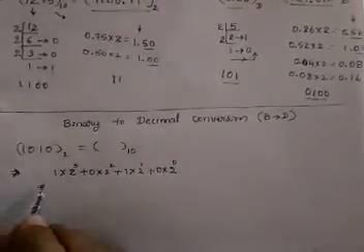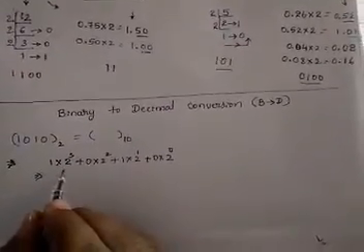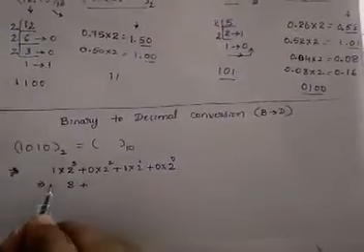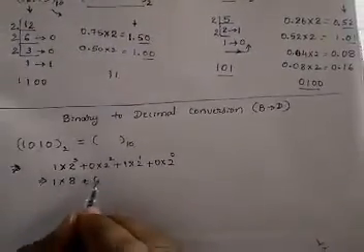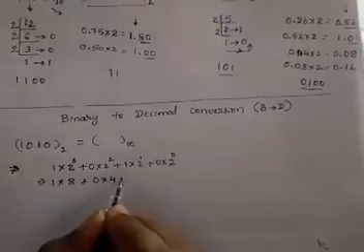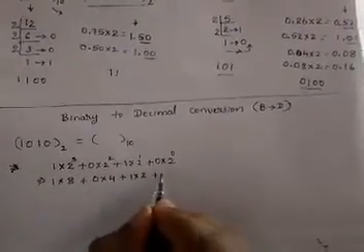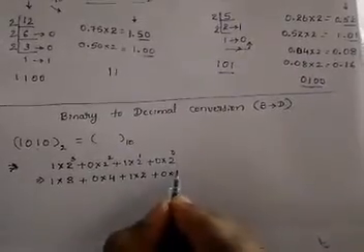Then 2 power 3 is 8, that is 1 into 8 plus 0 into 4 plus 1 into 2 plus 0 into 2 power 0, which is 1.